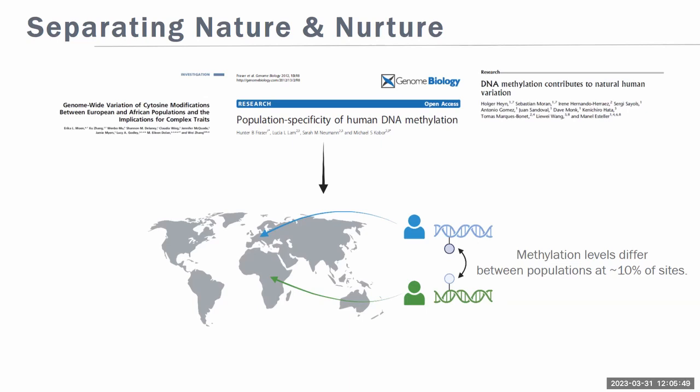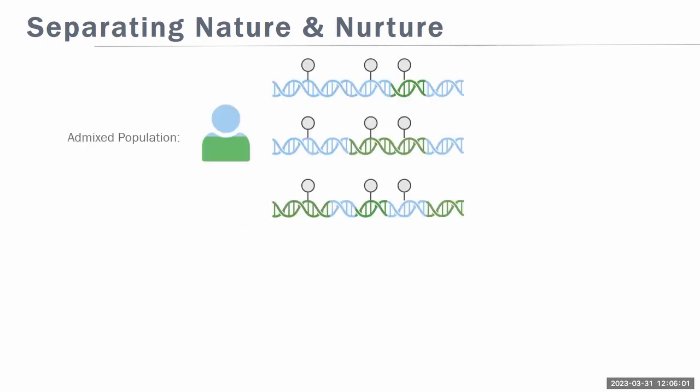When we looked at this problem, we thought of a natural experiment that allows us to disentangle these differences. That natural experiment is an admixed population. In an admixed population, the genotype of each person is a patchwork of haplotypes inherited from the two ancestral populations.